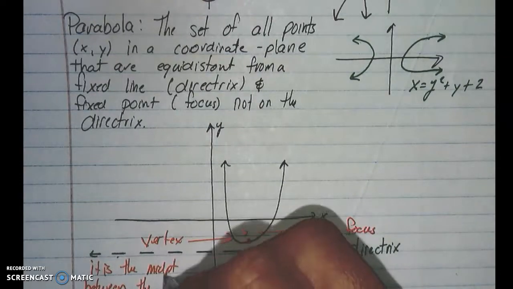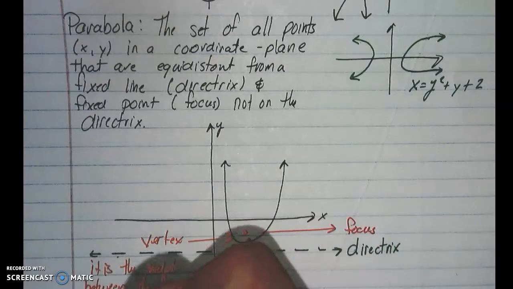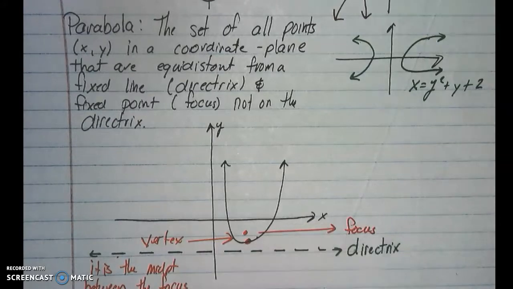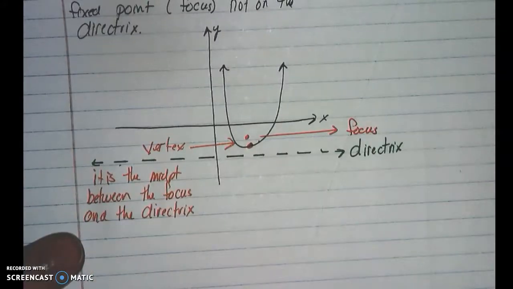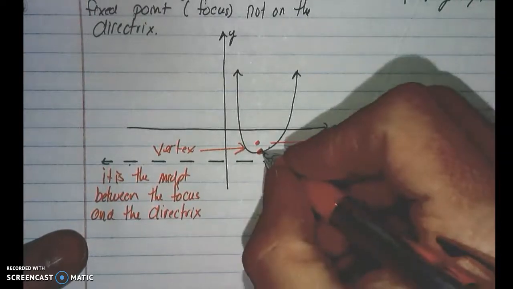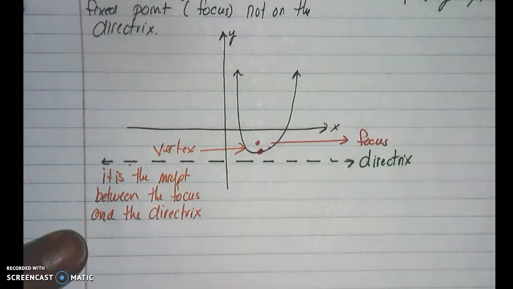Between the focus and the directrix. Scoot that up so you can see it. How's that? That's better. So the vertex is in between, right in the middle, between the focus and the directrix.